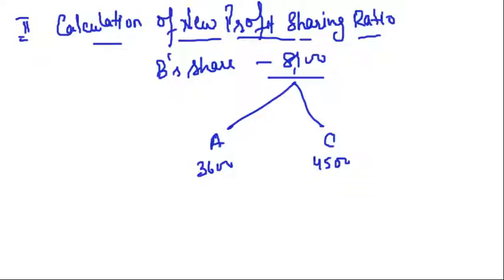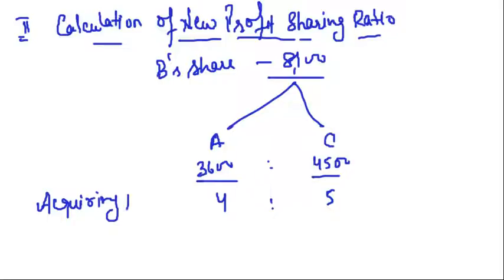So we can find out the ratio in which A and C are acquiring the share of B. The ratio will be 3600 is to 4500, that is 4 is to 5. This is the acquiring ratio. This is the ratio in which the remaining partners are acquiring the share of the retiring partner.